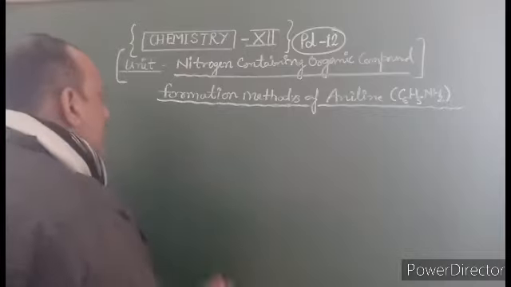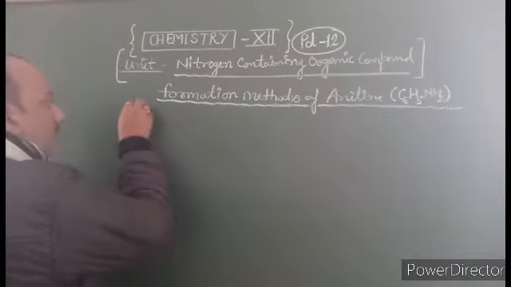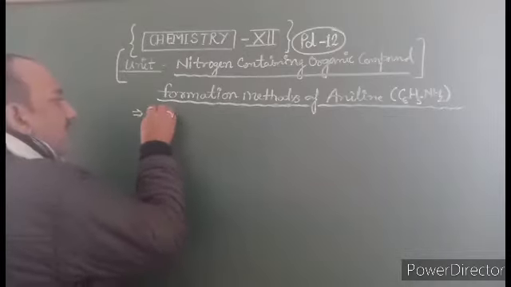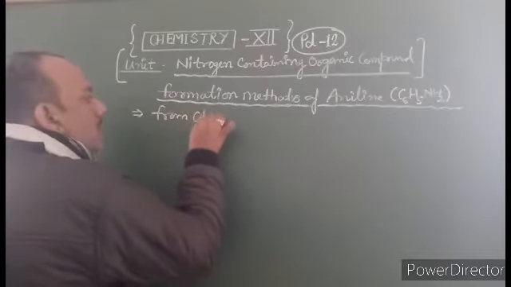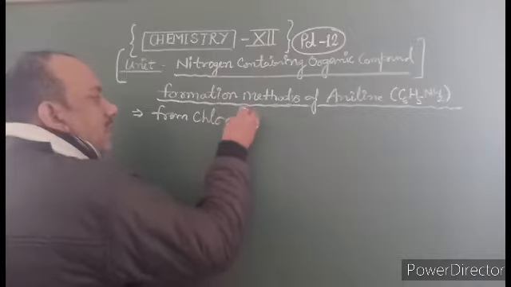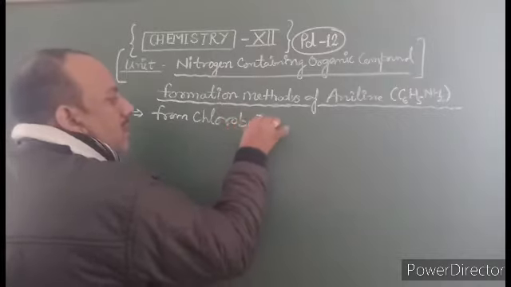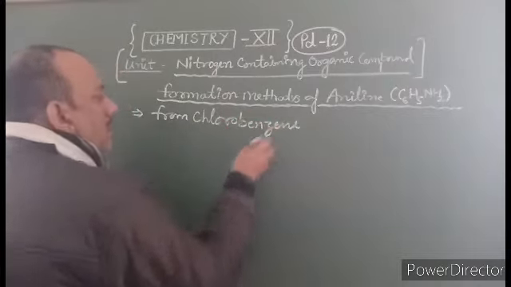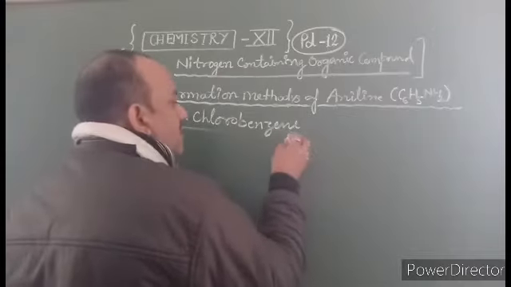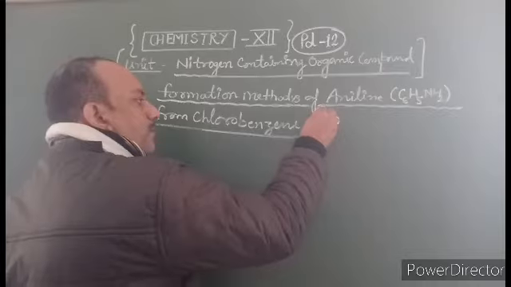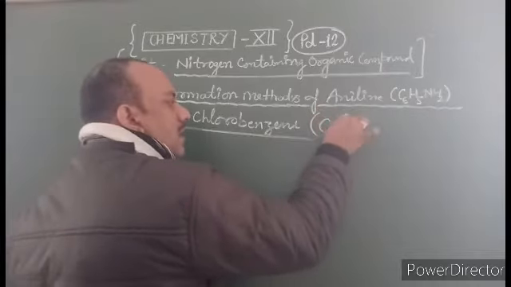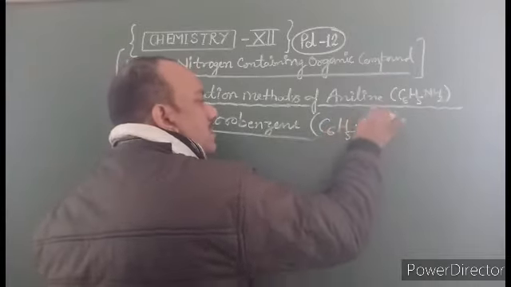Now another method for the preparation of aniline is from chlorobenzene. The formula of chlorobenzene is C6H5Cl.